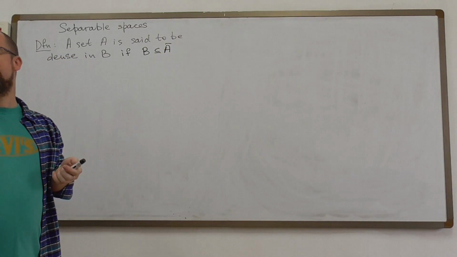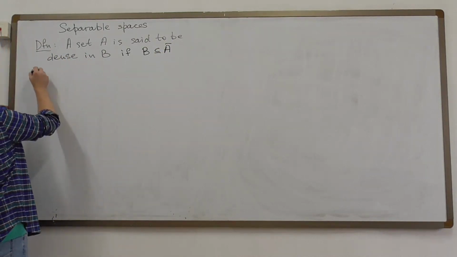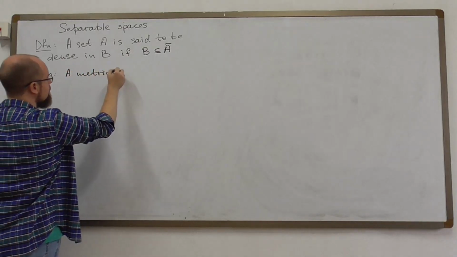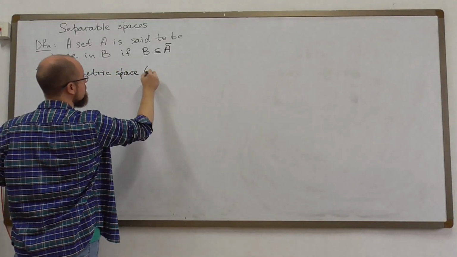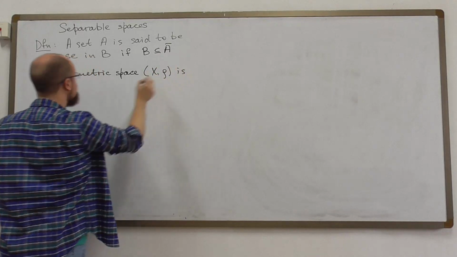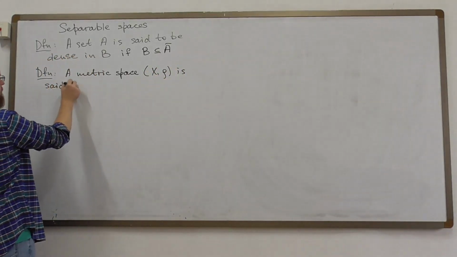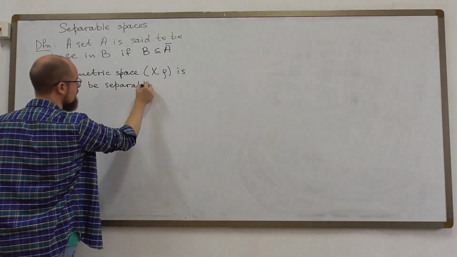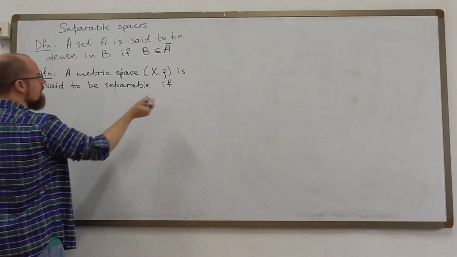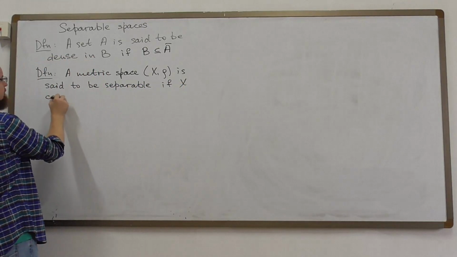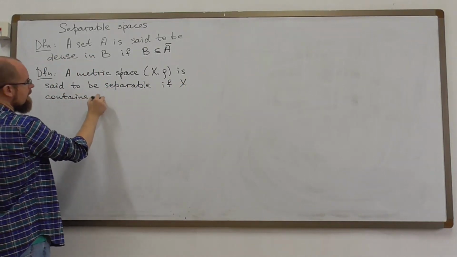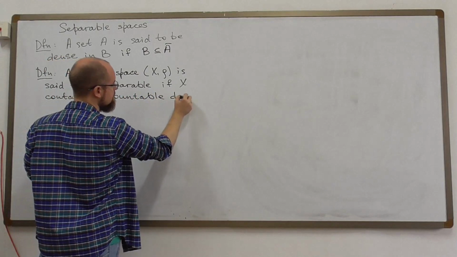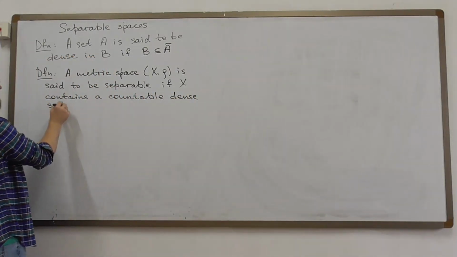And now we can give a definition of a separable space. So a metric space X is said to be separable if X contains a countable dense subset.